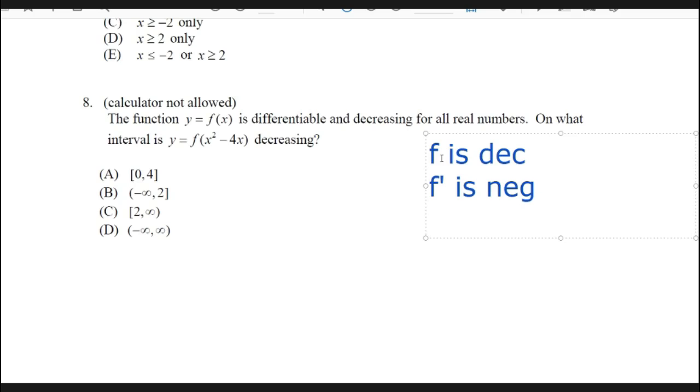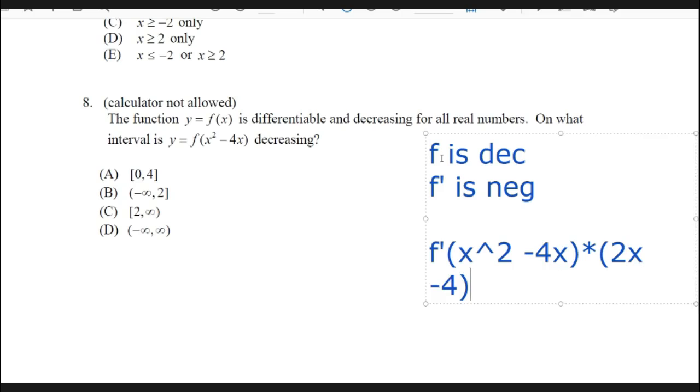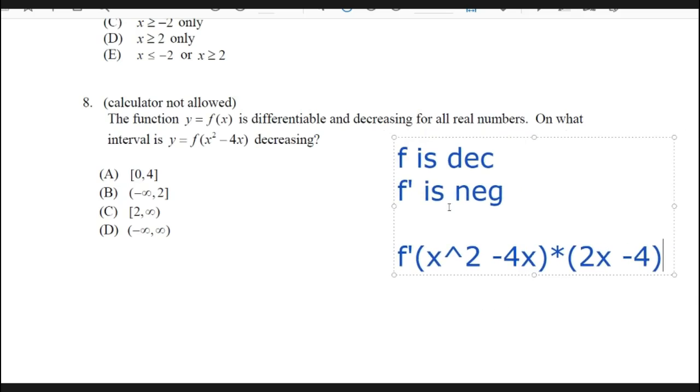It says, on what interval is y equals f of x squared minus 2x decreasing? So what you would do is say, okay, f prime of x squared minus 2x times the derivative of the inside, which would be 2x minus 4. So we know that the derivative is negative always.